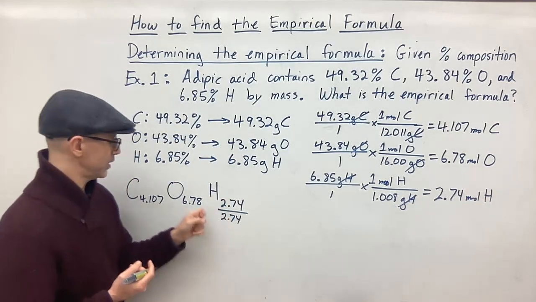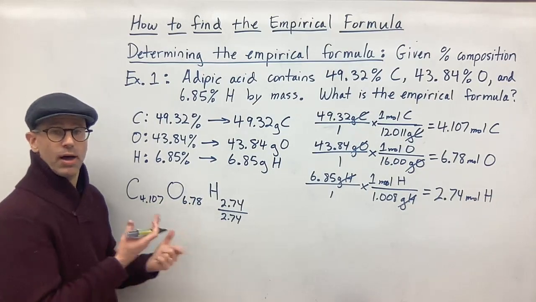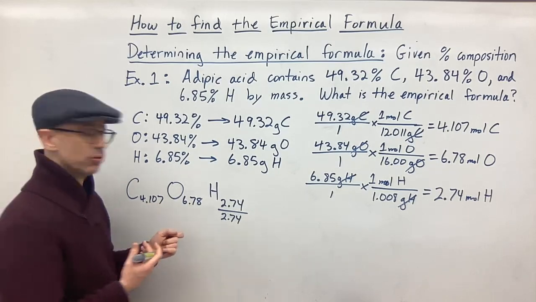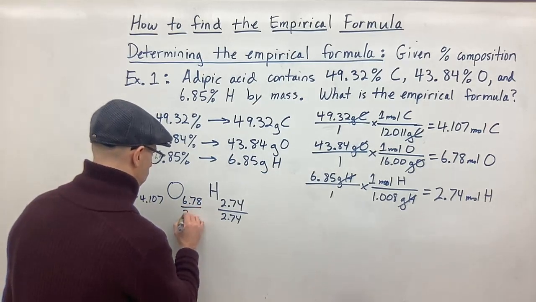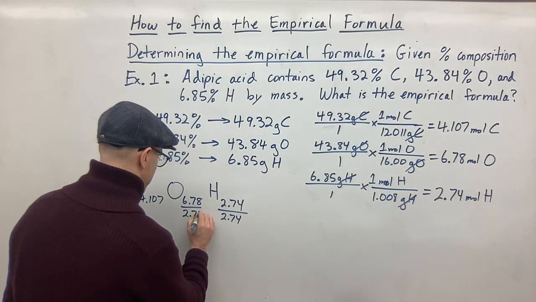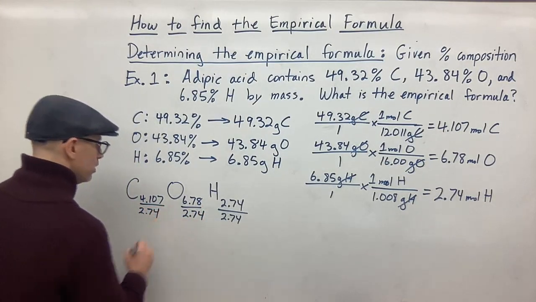Well, the goal is to divide these and hopefully get a whole number as well. You don't always get a whole number, but sometimes you do, right? So let's see what happens. So maybe I might get whole numbers by dividing these by 2.74.